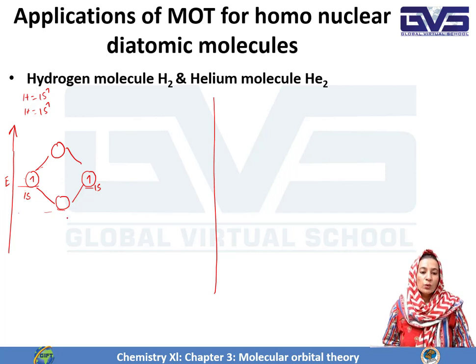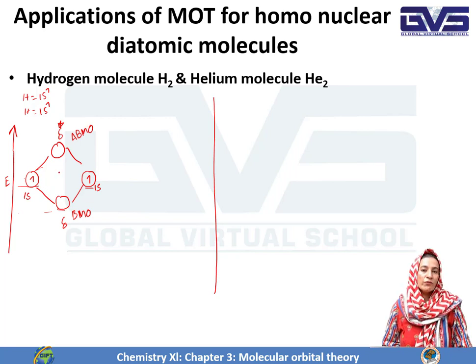The lower one is called the bonding molecular orbital and the higher energy one is called the anti-bonding molecular orbital. This is between s and s, so this is the sigma bonding molecular orbital, and this is the sigma star anti-bonding molecular orbital.